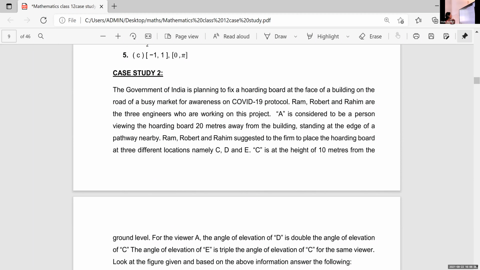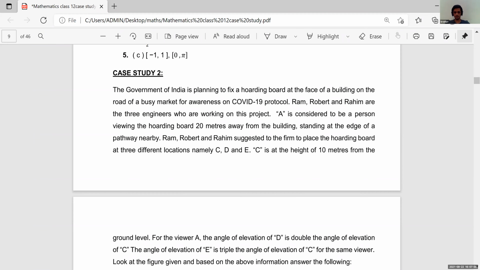Now look at this question. Sri Hari, read the question. The government of India is planning to fix a hoarding board at the face of a building on the road of a busy market for awareness of COVID-19 protocol. Ram, Robert, Rahim are 3 engineers who are working on this project.